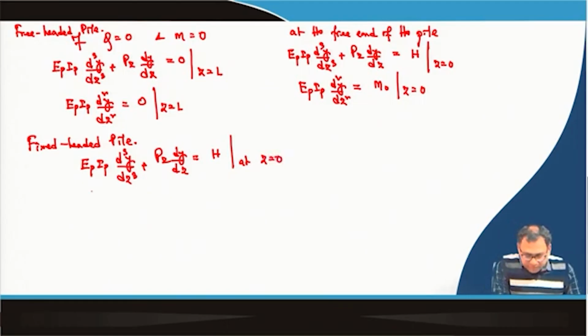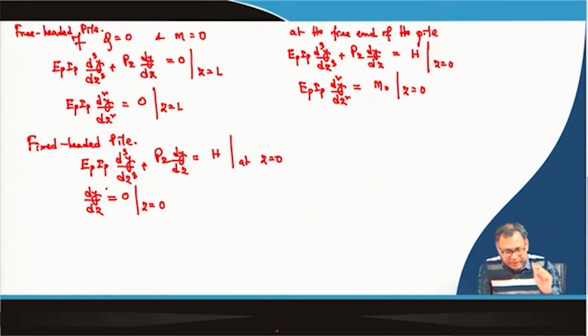But dy/dz will be 0 at z equal to 0, because in the fixed headed pile the moment will not be 0. For the free headed pile some moment is also applied, but here the condition is that the slope at z equal to 0 will be 0.